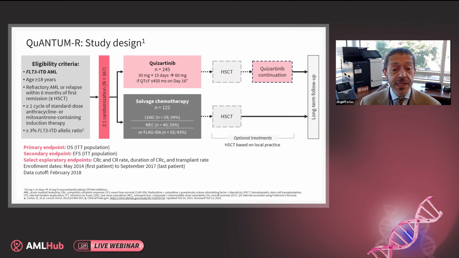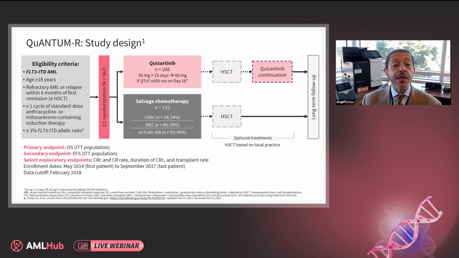And they all had FLT3-ITD. No TKD was allowed. They were randomized to receive quizartinib or the physician's choice of low-dose cytarabine, MEC, or FLAG-IDA. And then there was the option for continuation therapy after transplant or instead of transplant, depending on the eligibility of the patient for transplant. The primary endpoint was overall survival.